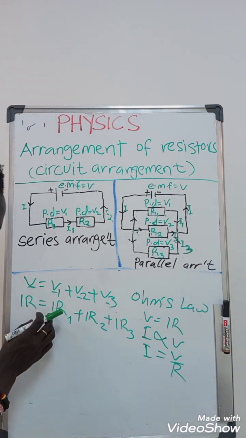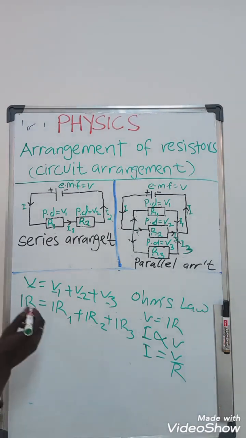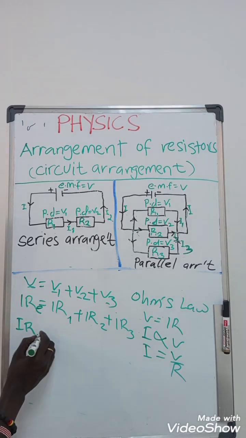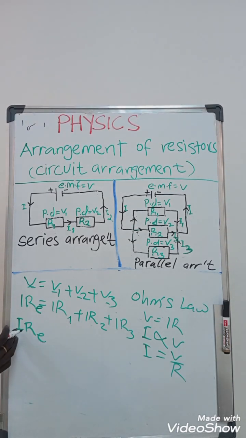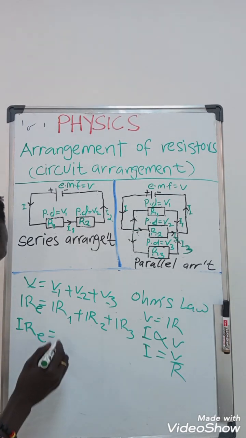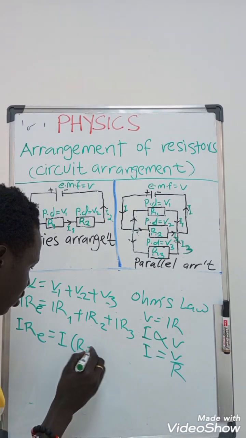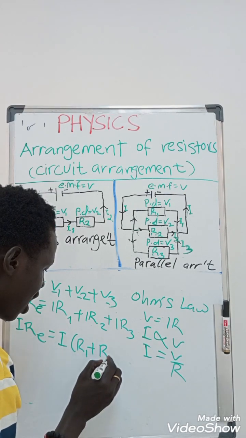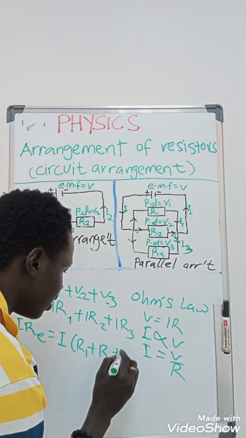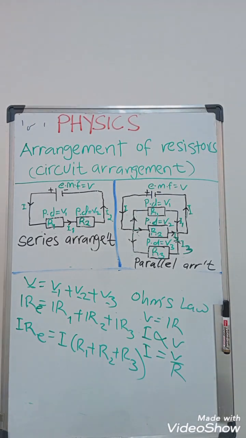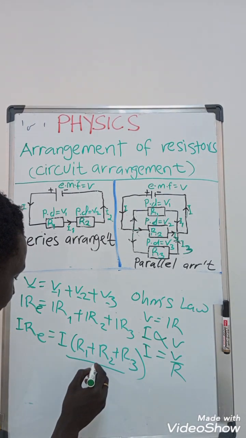The common factor here is I. Let's say IR_E, which is effective IR, is equal to I, open bracket, R1 plus R2 plus R3, close our bracket. From here, we are going to divide everything by I.